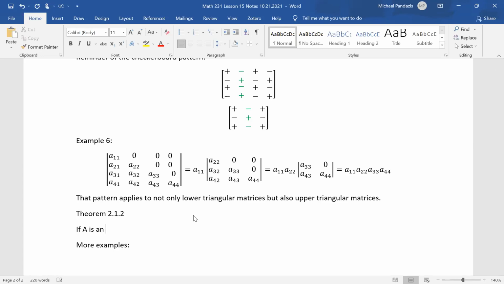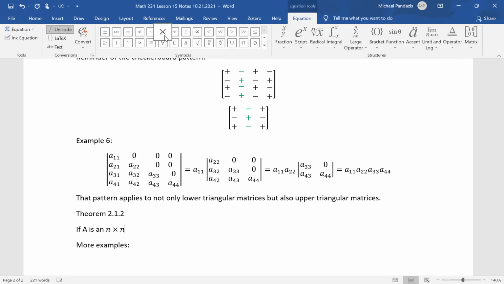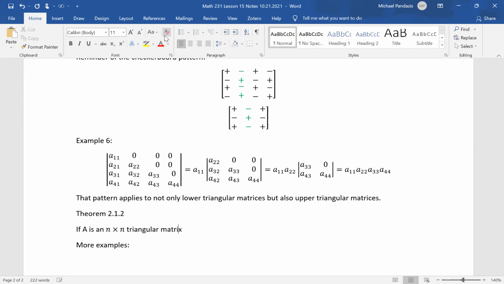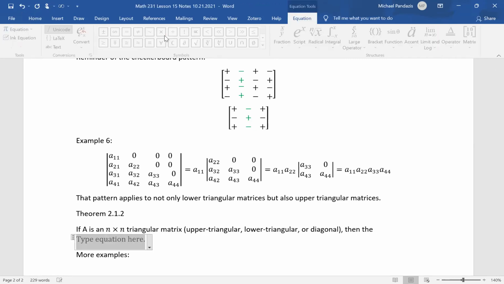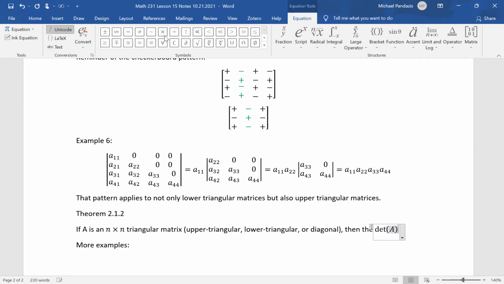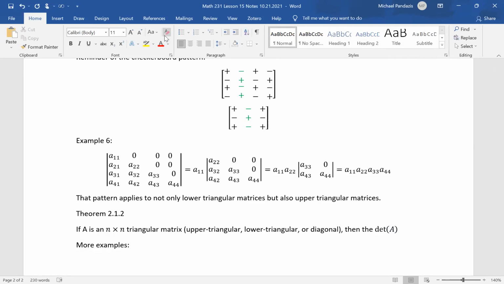If A is an n by n triangular matrix, upper triangular, lower triangular, or diagonal matrix is also a triangular matrix, then the determinant of that matrix A is the product of the entries on the main diagonal of the matrix.